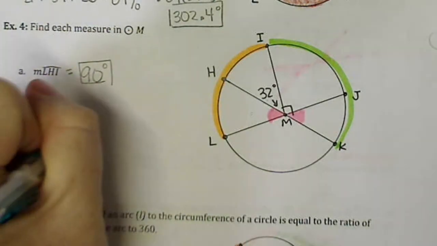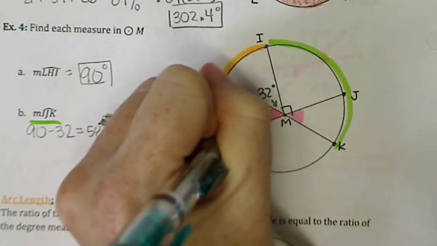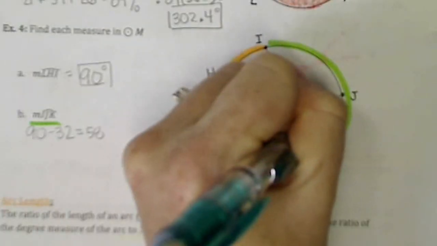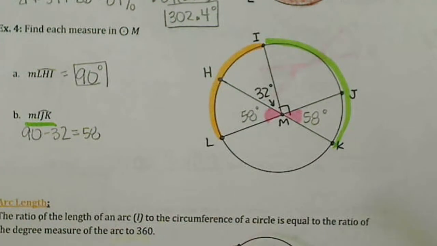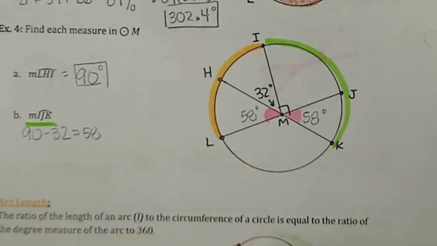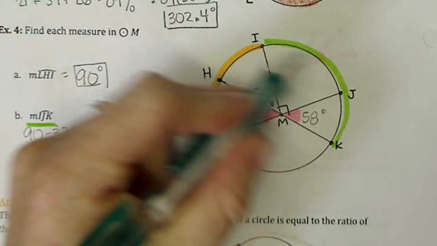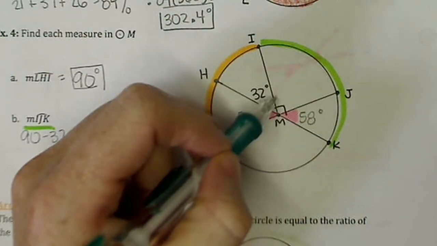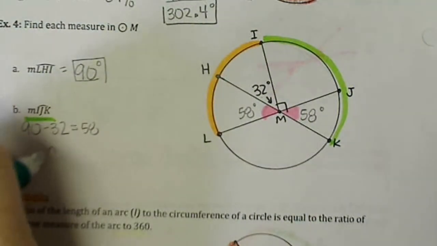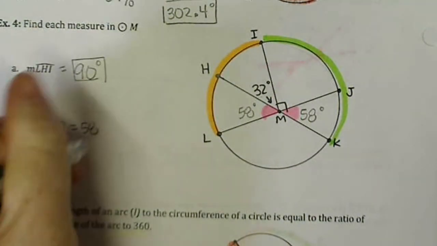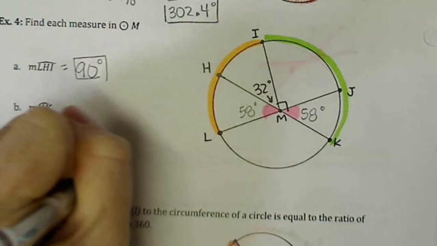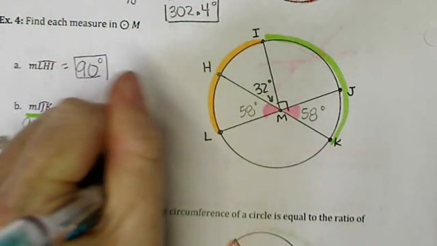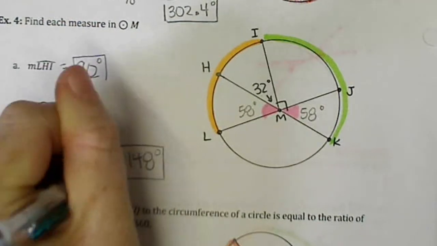And I get 58. So this little section is 58 degrees, which means this little section over here is also 58. So how can I now find IJK? IJ is 90 and JK is 58, so let's add those two together and we get 148 degrees. Excellent.